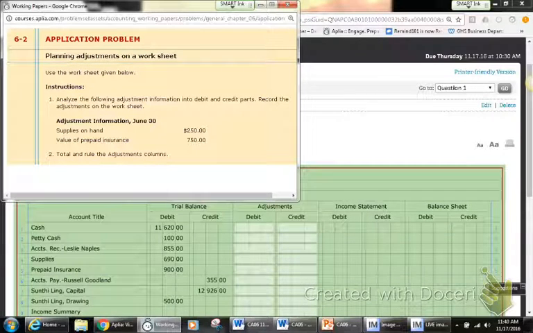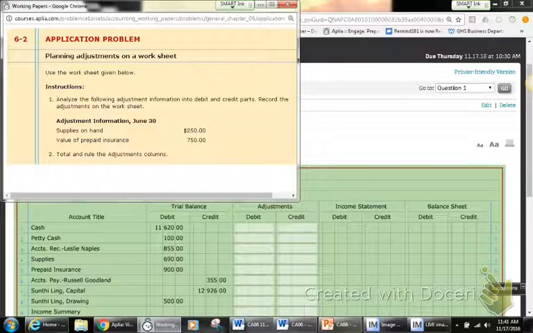So this balance that we have here in our asset for supplies on hand, we see that this asset says it's $690. When we actually did our count of our physical inventory, it said we had supplies on hand of $250. So what do we have to do to show how much supplies has been used up? We have to credit the difference or subtract it.